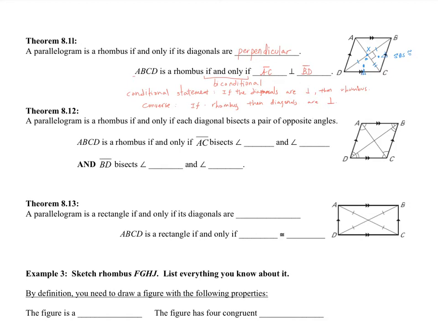And since ABCD is a parallelogram, by substitution, you can also say that the opposite sides are congruent, and therefore it's a rhombus.